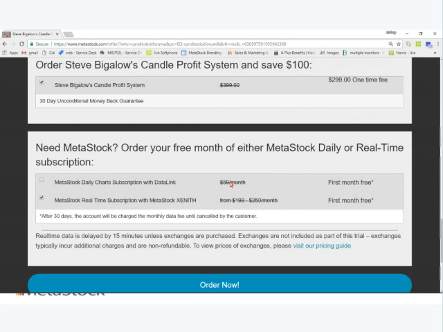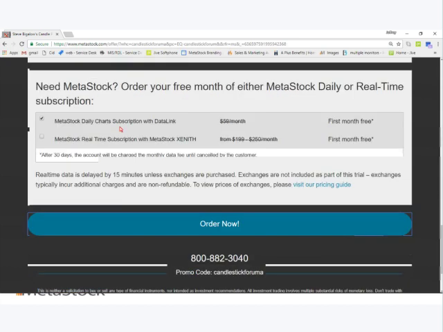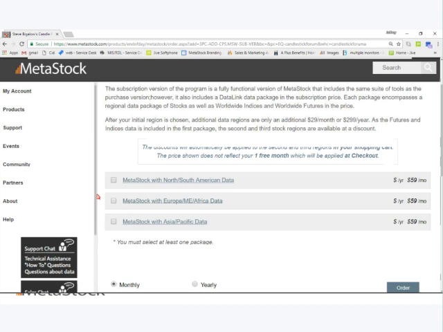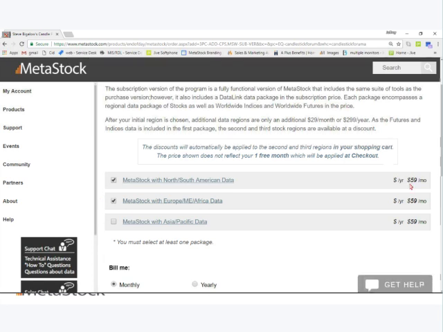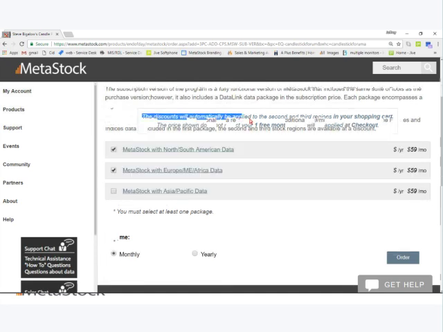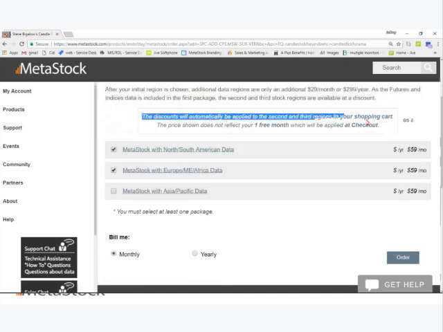And when you go in here to order it, we'll go to the next page real quick. It'll have you select a data region, and you can select two. Right here, it doesn't actually apply the discount, but it says the discounts will automatically apply to the 2nd and 3rd region when you add it to your shopping cart. Okay?